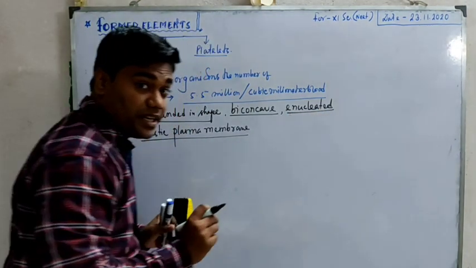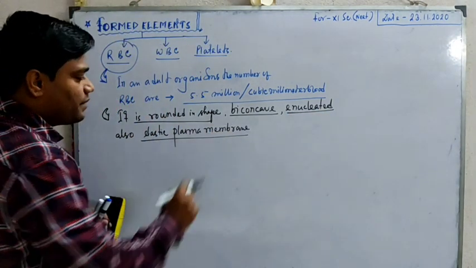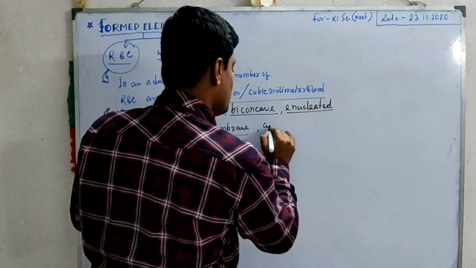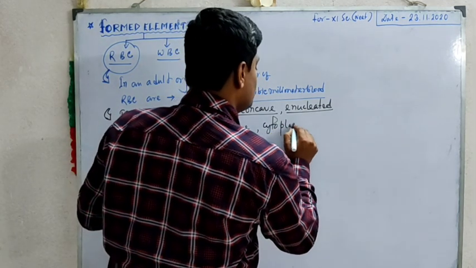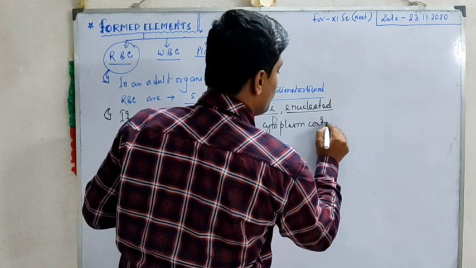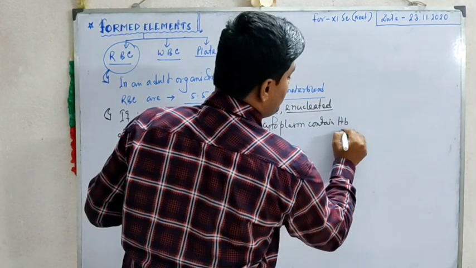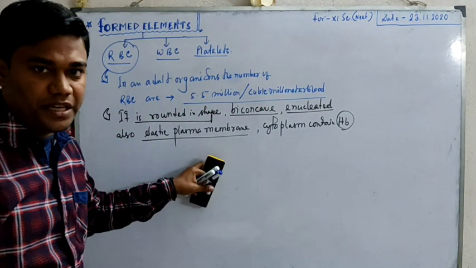Enucleated means the nucleus is absent here. The cytoplasm contains Hb, hemoglobin.